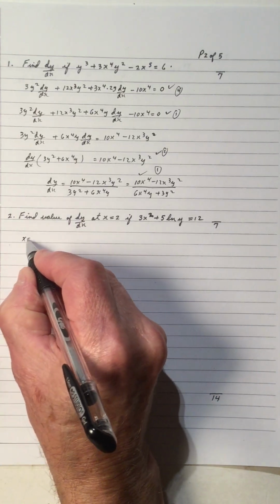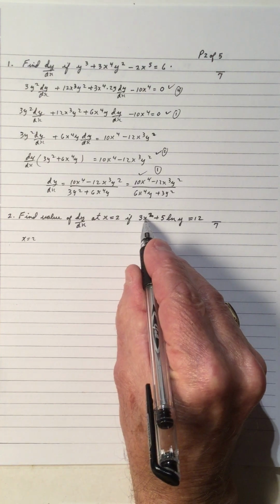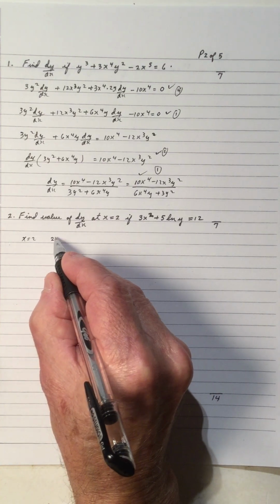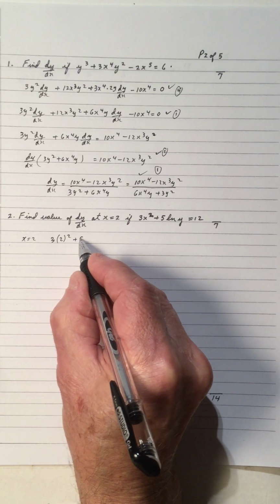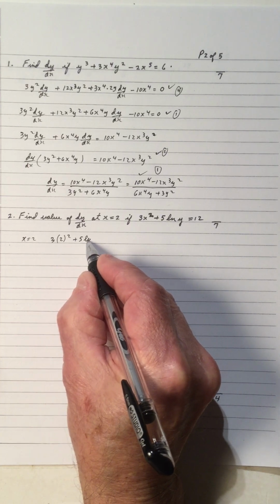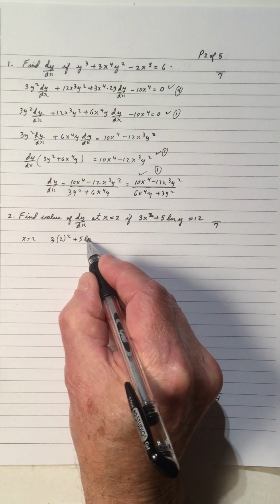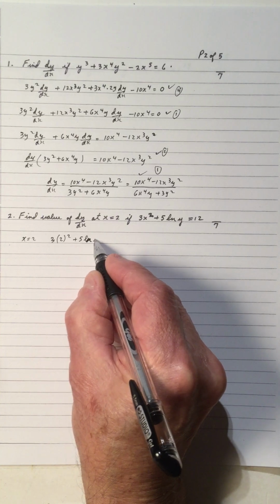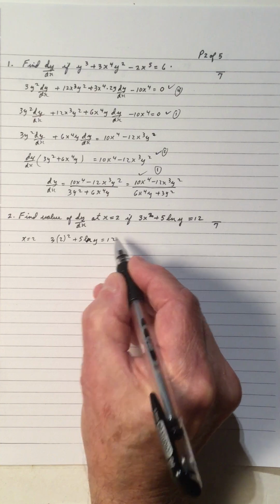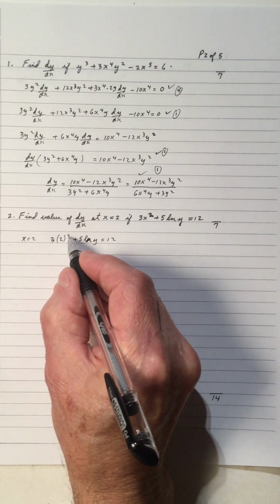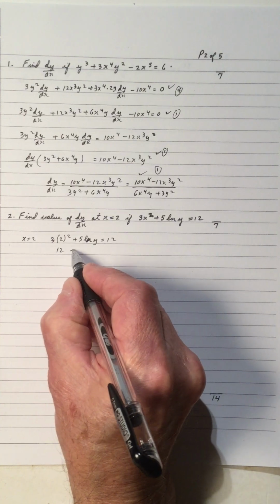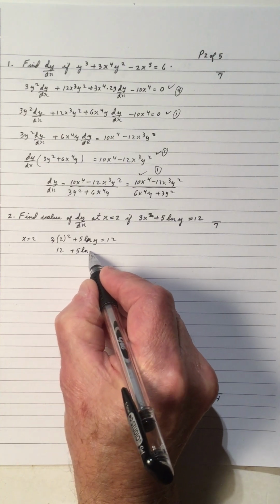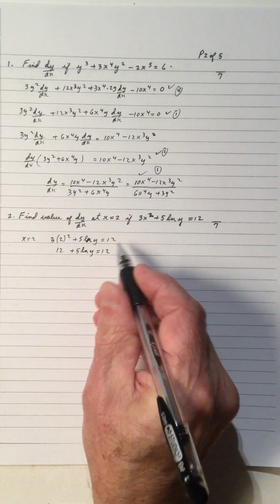So if x equals 2, I'm going to sub x is 2 in here. 3 times 2 squared plus 5 ln y equals 12. We square first and then multiply, so 4 times 3 is 12 plus 5 ln y equals 12.